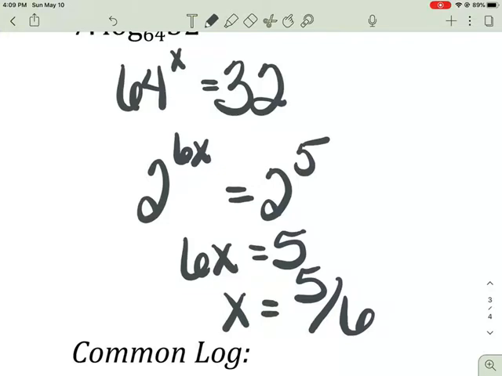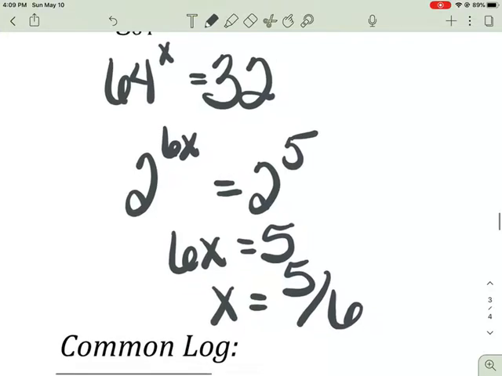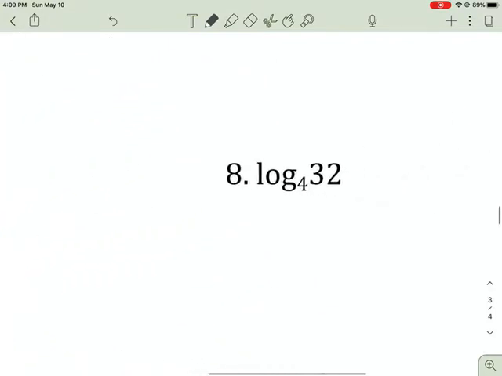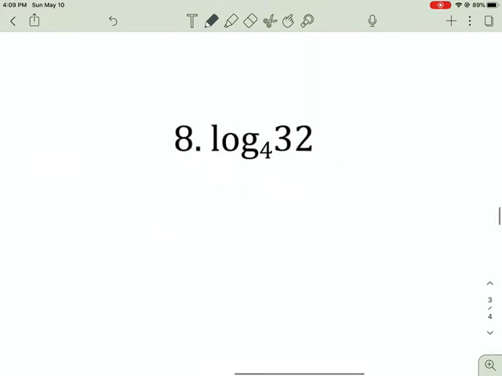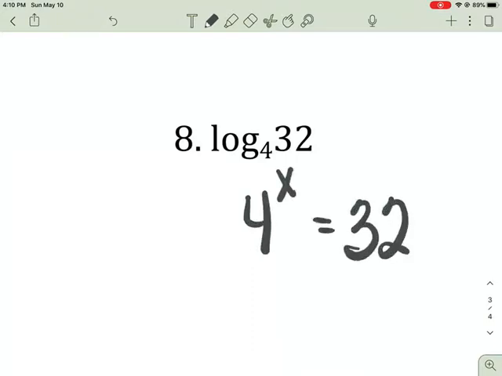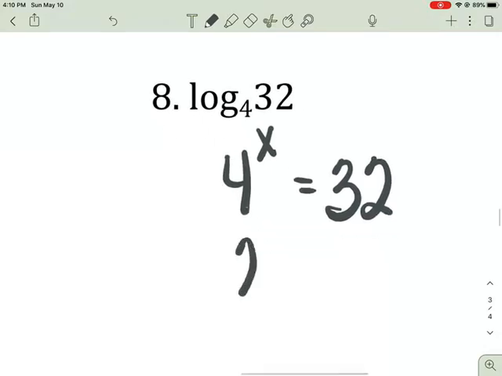So try to get them to be the same base and then set the exponents equal to each other. A lot of this is going to be guess and check, guys, because we don't know these off the top of our heads. So we want to know 4 to what power is 32? Again, let's make them both base 2.